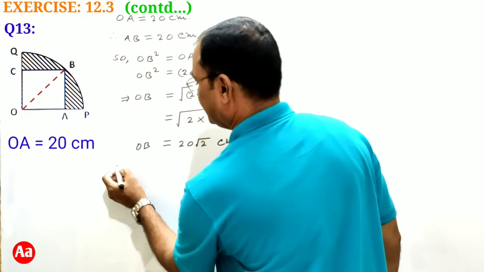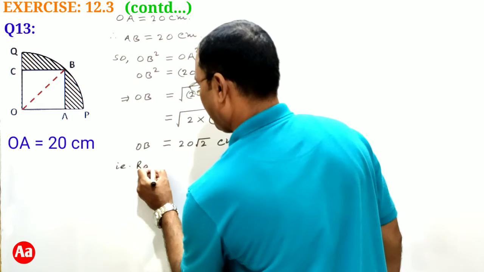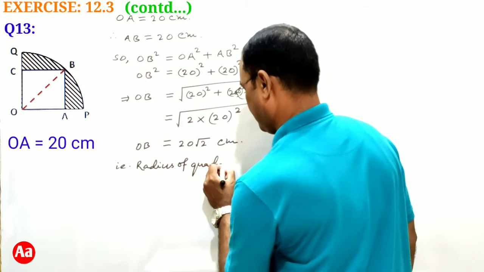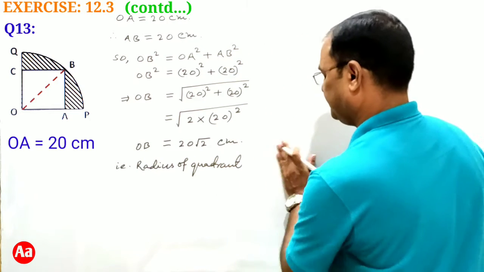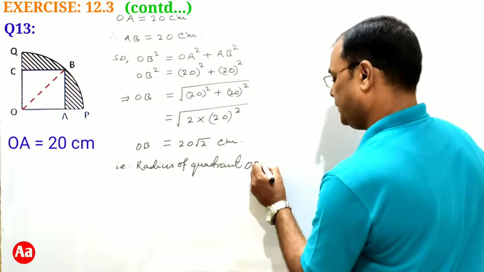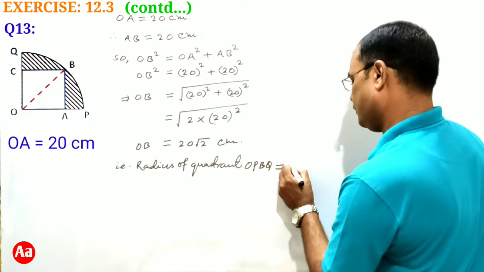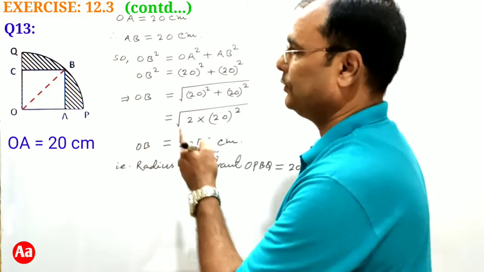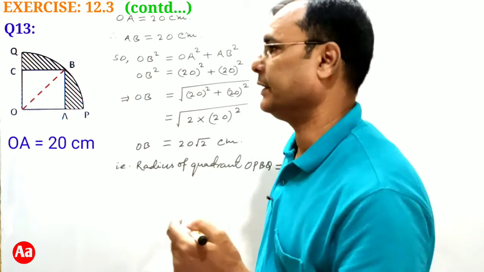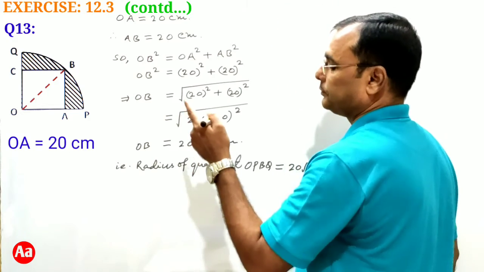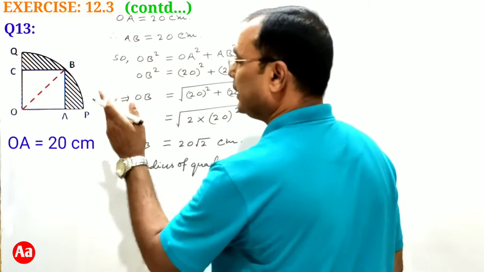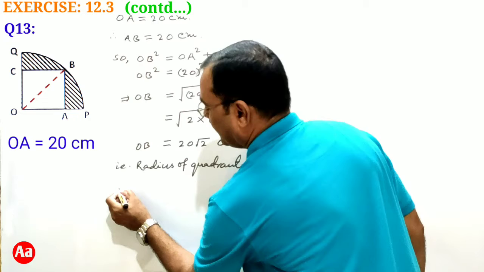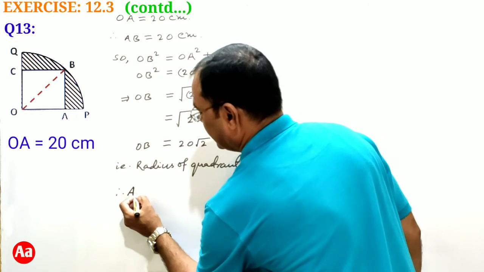So we can write that radius of quadrant OPBQ is equal to 20 root 2 centimeter. So now we can calculate area of quadrant. Separately we can calculate area of quadrant and area of square and subtract.